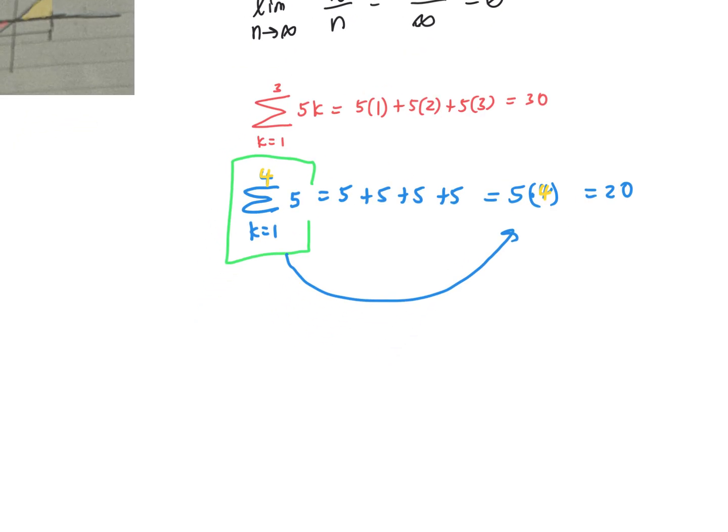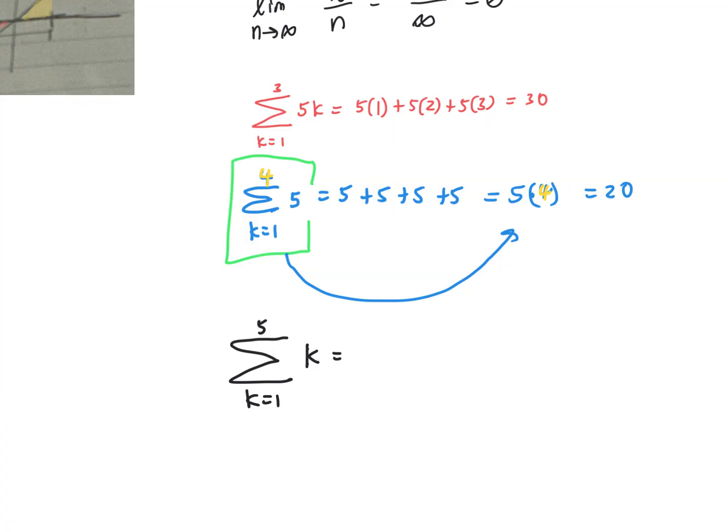Another thing to know is the following, and that is imagine you have k equals 1, and then maybe we're going up to 5 here. And then you just have a k here, okay? Well, that should be pretty easy to understand, right?